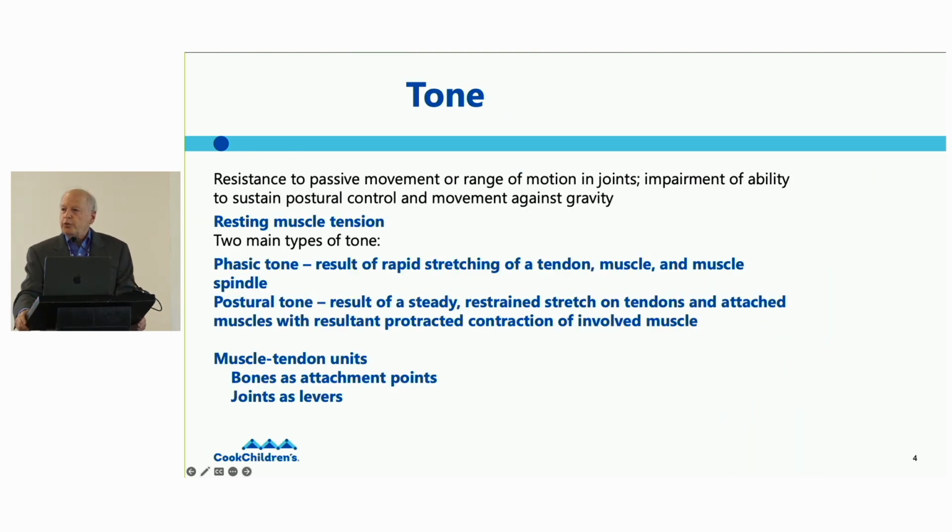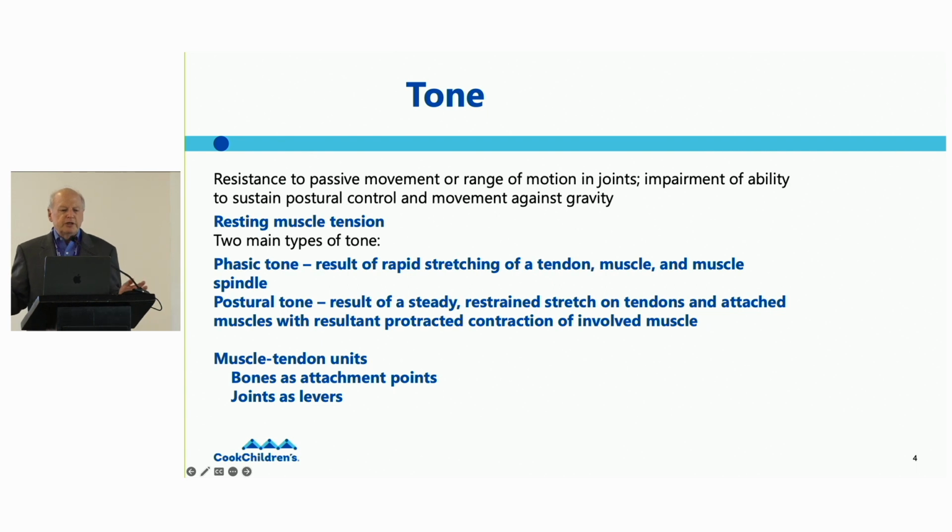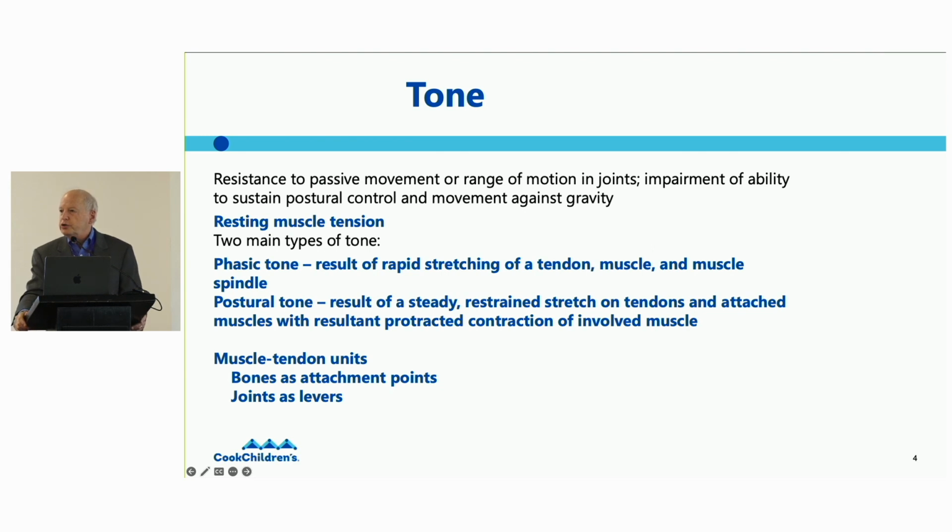Now what we really want to focus on is the discussion about tone. Tone is the resistance of muscle to movement. So you passively move the muscle, you can feel resistance or no resistance. And you can have both resting muscle tension, which is tonic tone, which is the ability to maintain a posture, and then the phasic tone, which is when you pull on the muscle quickly, how much resistance do you get?